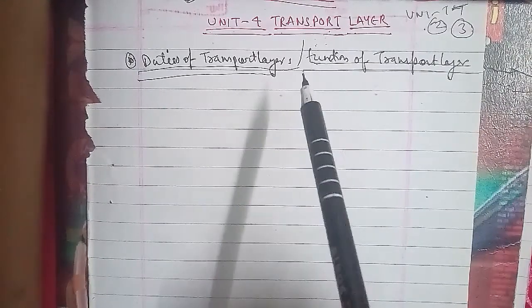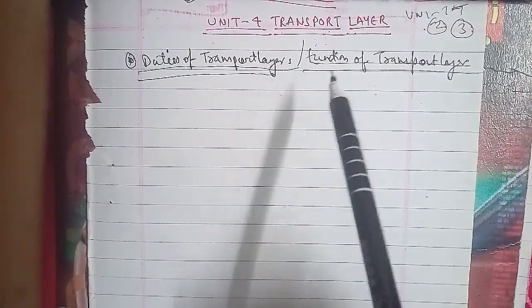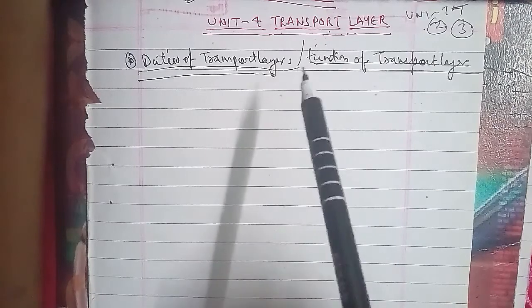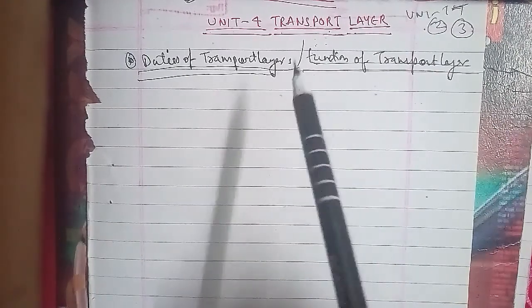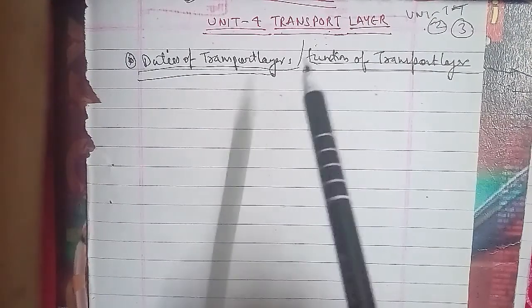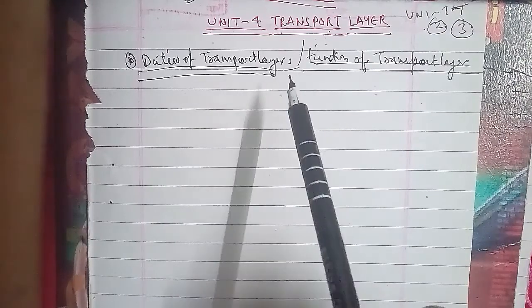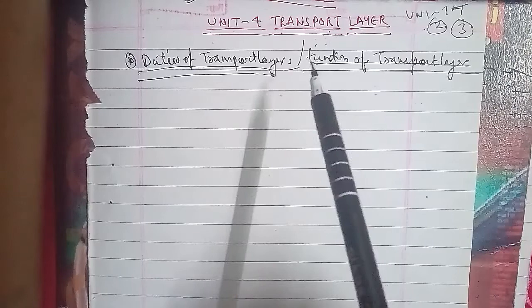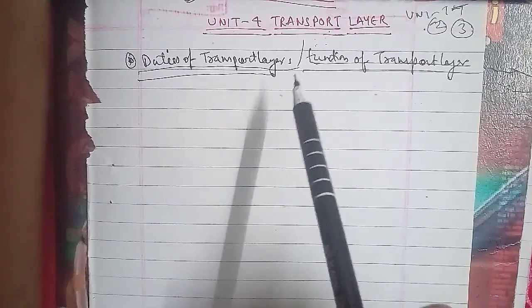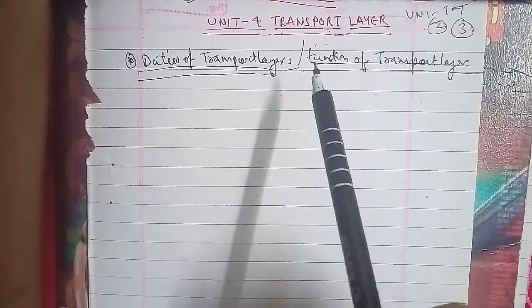Logical communication means that the communicating application processes are not physically connected to each other from the application's viewpoint, even though the application processes use the logical communication provided by the transport layer to send messages to each other. The transport layer protocols are implemented in the end systems but not in the network routers, and the network routers only act on the network layer field.